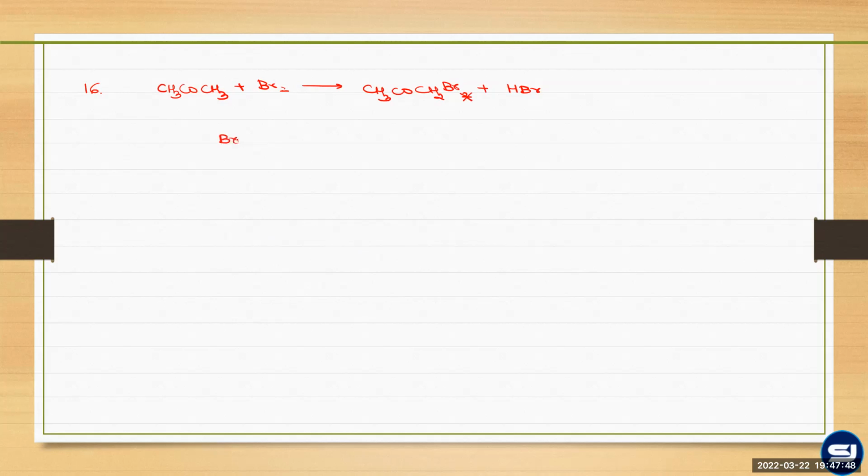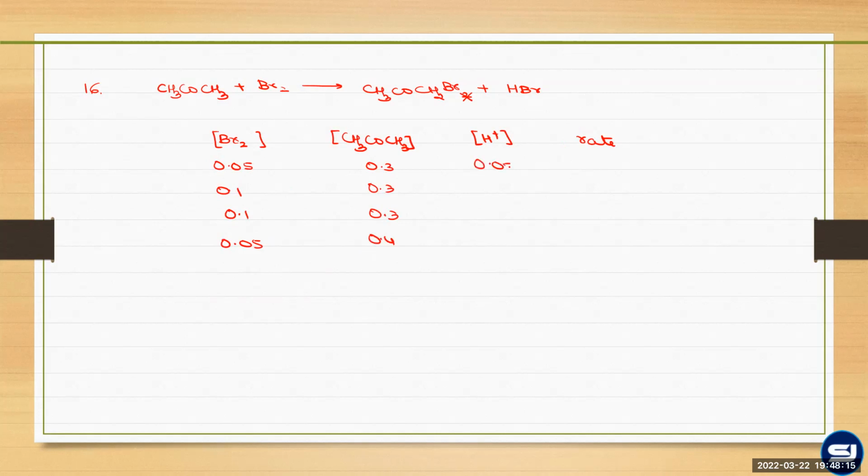So now the information given is bromine concentration, acetone concentration, and H plus concentration versus the rate. Bromine concentrations are 0.05, 0.1, 0.1, 0.05. Acetone concentration is 0.3, 0.3, 0.3, and 0.4.